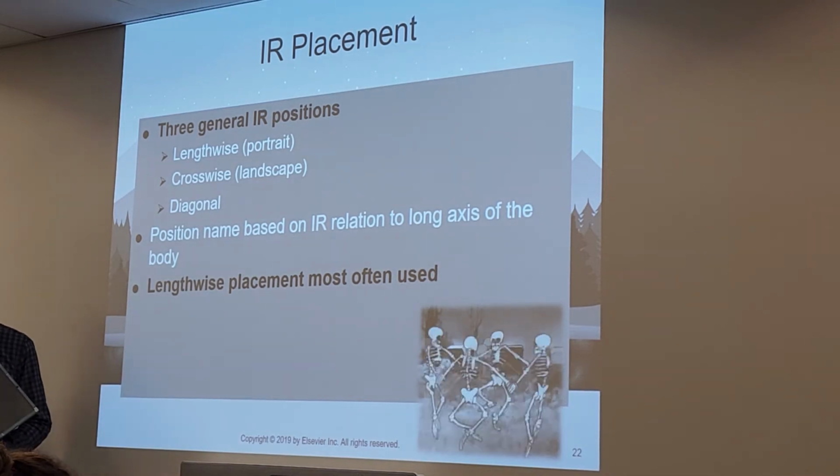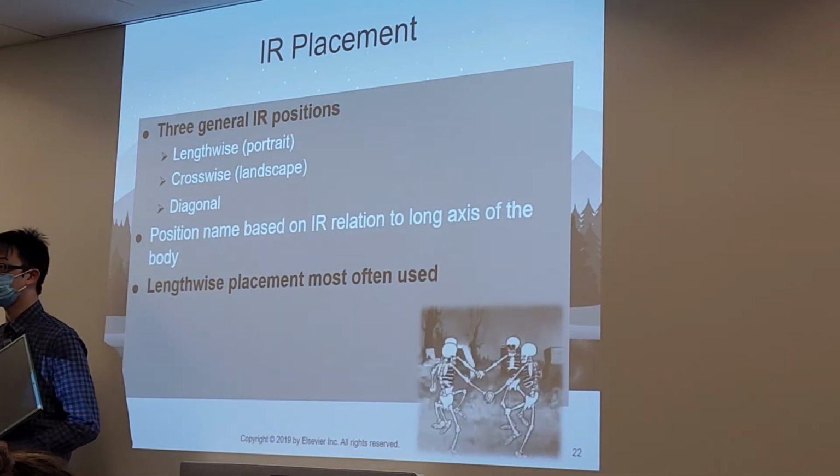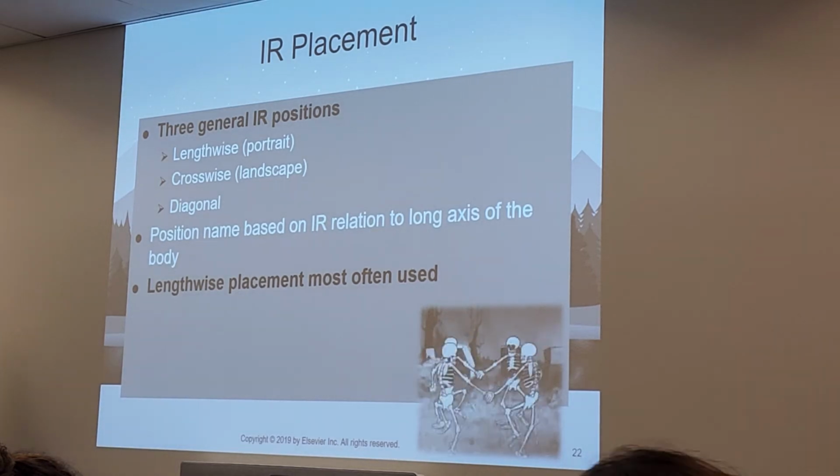So you will see all 3 of these IR positions. So it is important that you know their names. That way, in lab, if I ask you to put the IR lengthwise, you automatically know to do this. If I tell you to put it crosswise, you automatically know to put it like this, okay? It is important that you know the names.